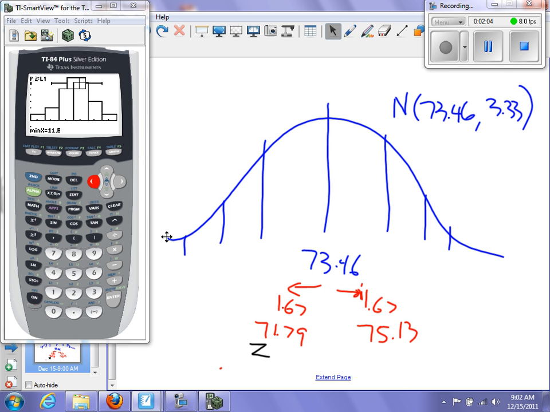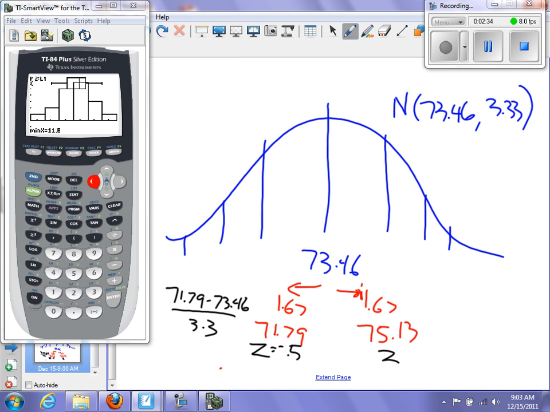for the 71.79? Negative 0.5. And how did you calculate that? I just did 71.79 minus 73.46 divided by 3.33.